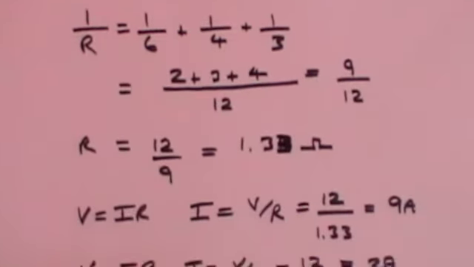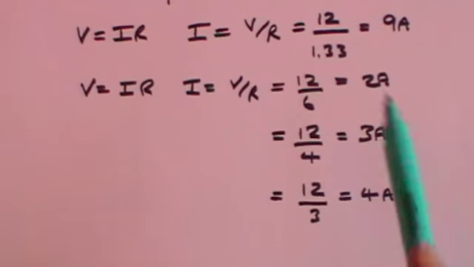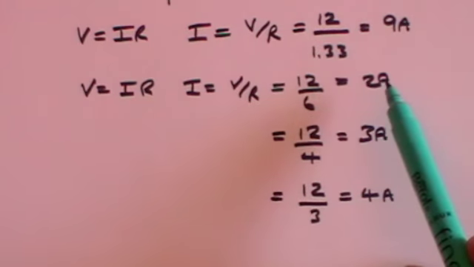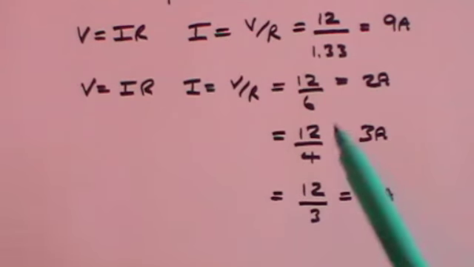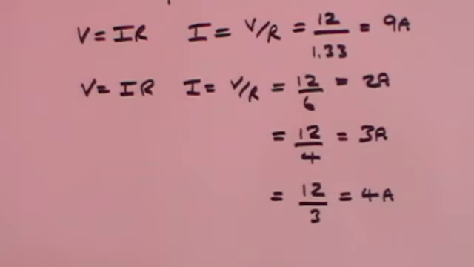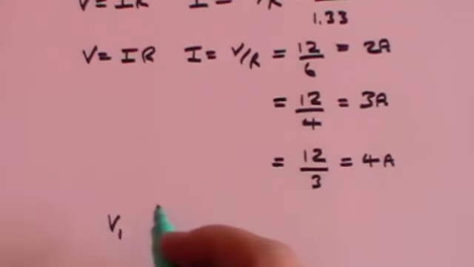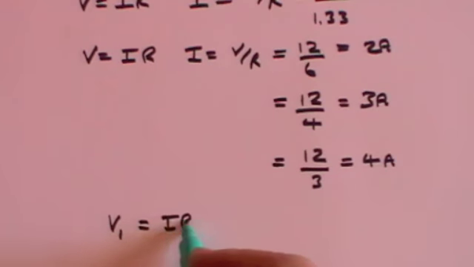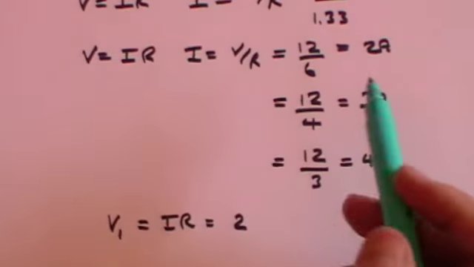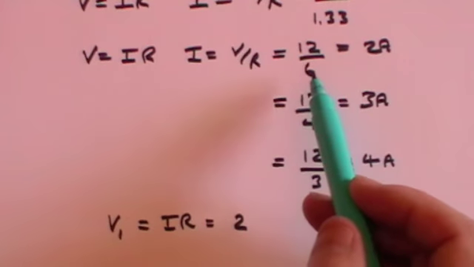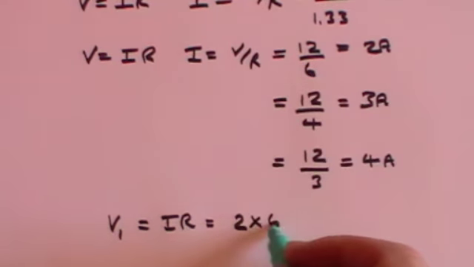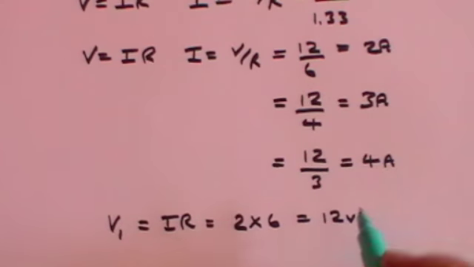So let's have a look at what we just calculated. I1 we calculated was 2 amps. 2 amps was going through a 6 ohm resistor, so the voltage across the first resistor is equal to IR, which is equal to 2 amps, because that's what we calculated, times a 6 ohm resistor. 2 times 6 is 12 volts.